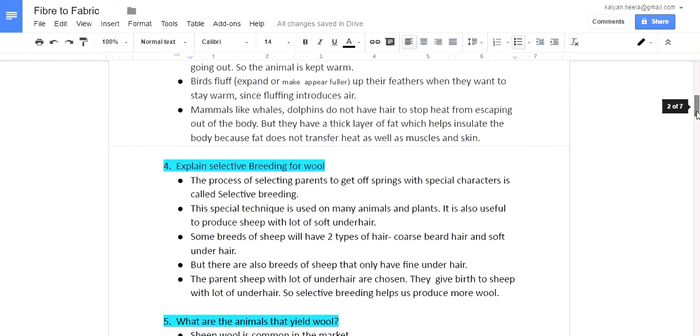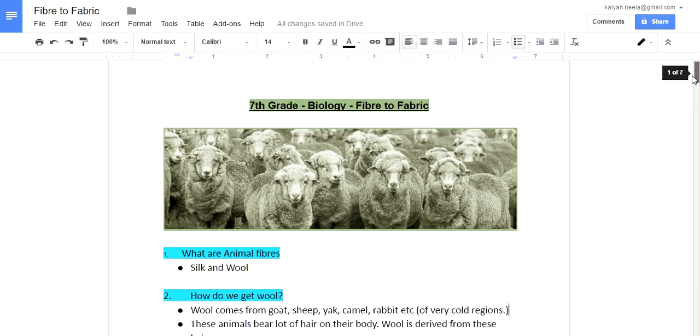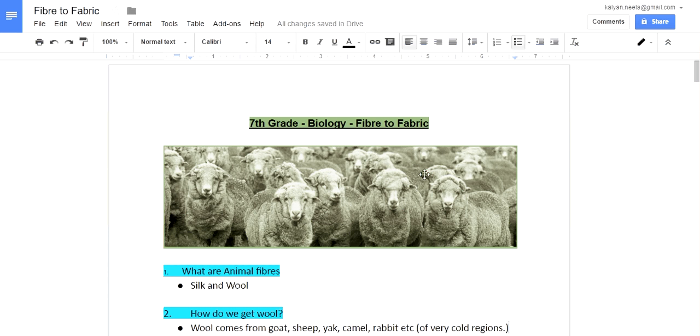So these breeders will want to get sheep with a particular character. What is that particular character? Lots of hair. The process they follow is selecting parents, the parent sheep with lots of wool on them, so that the offspring, the children born to this type of sheep with a lot of hair, will also have a lot of hair.